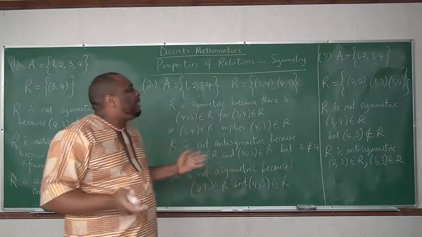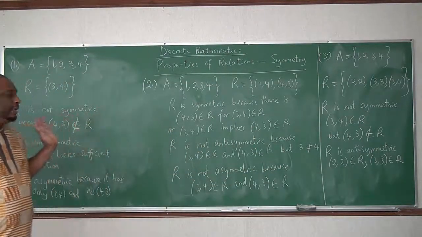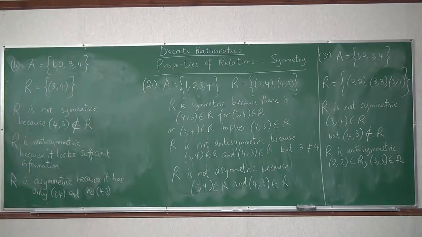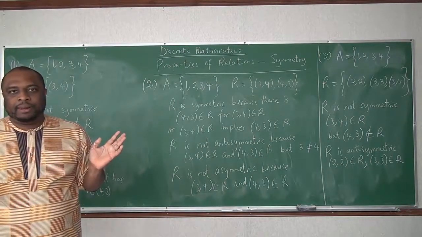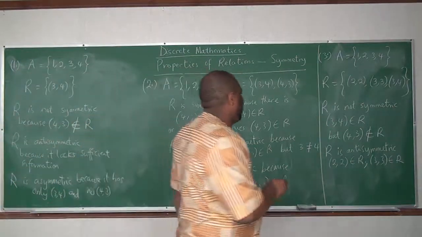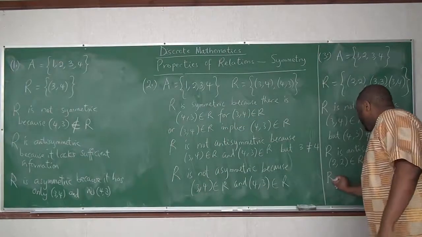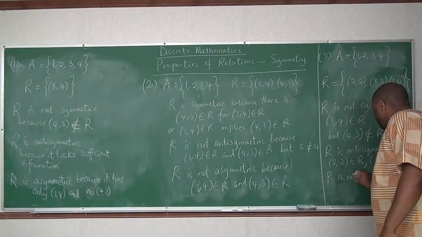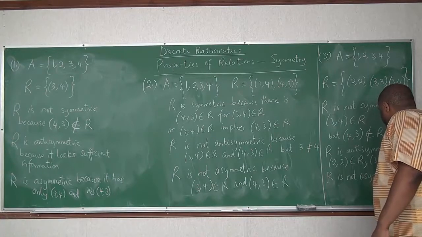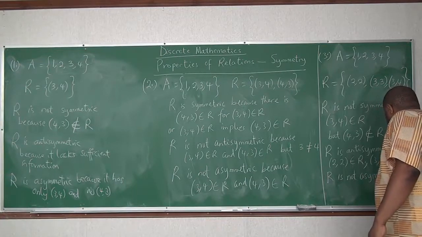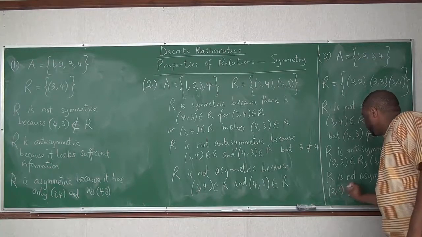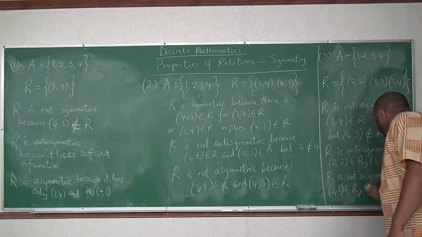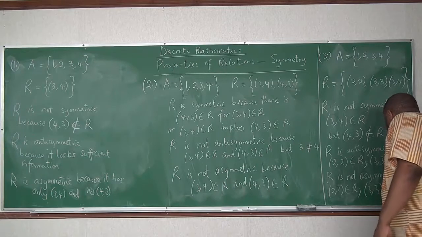Now, if you had only 3, 4, like what we did here, then yes. But then you don't have only 3, 4. You have 2, 2, you have 3, 3. Therefore, arrow is not asymmetric. Because 2, 2 is an element of arrow, 3, 3 is an element of arrow.